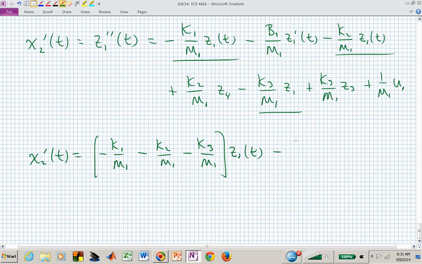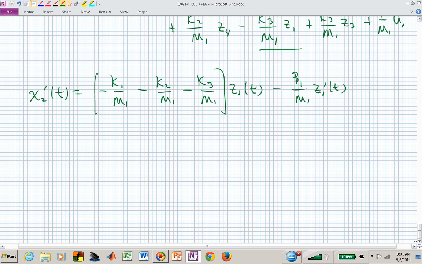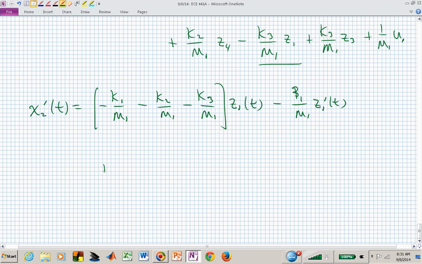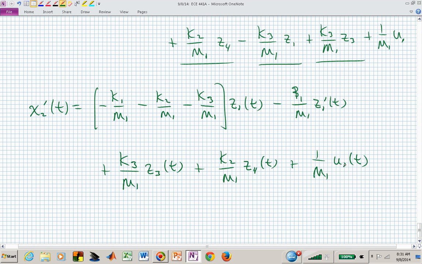Then we have a minus b1 over m1 z1 prime of t, plus k sub 3 over m1 z sub 3 of t, that's that one, plus k sub 2 over m1 z sub 4 of t, that's that one, plus 1 over m1 u1 of t.